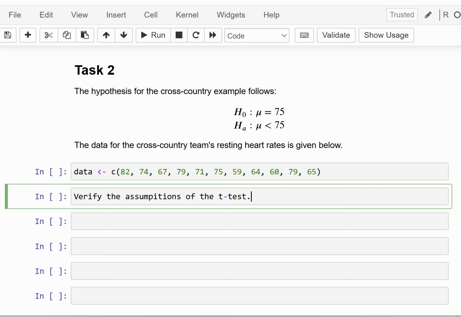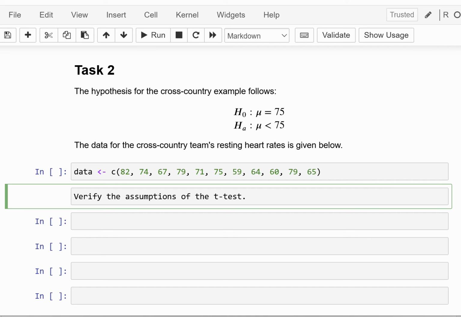We used to use the z-test, which actually used the bell curve. The t-test is an updated modern version of that z-test, which does essentially the same thing, but is more accurate for reasons we will discuss. Okay, so if we're going to verify the assumptions of the test, it turns out there are three of them.